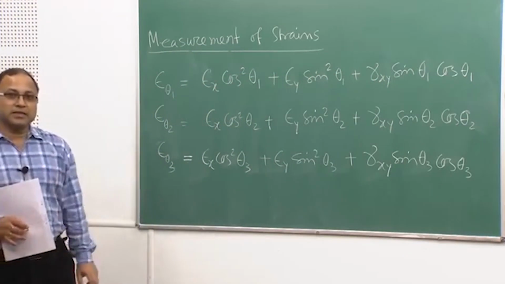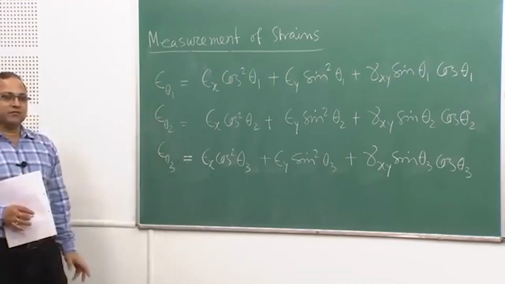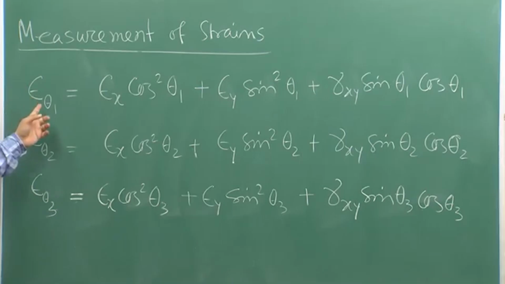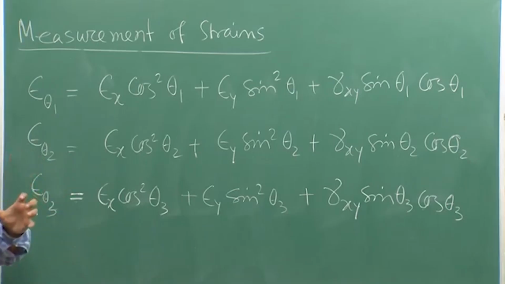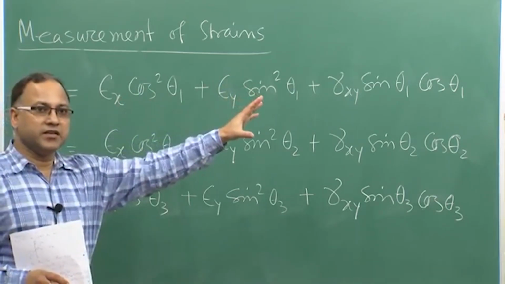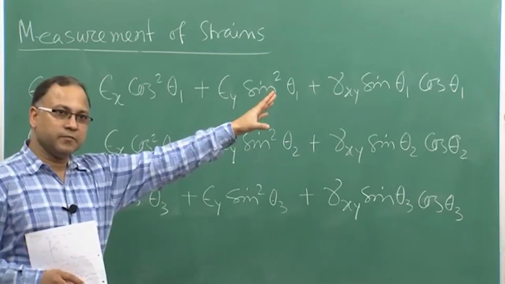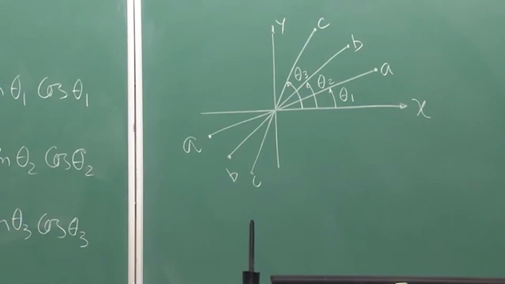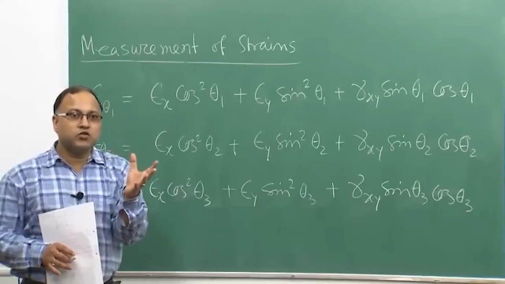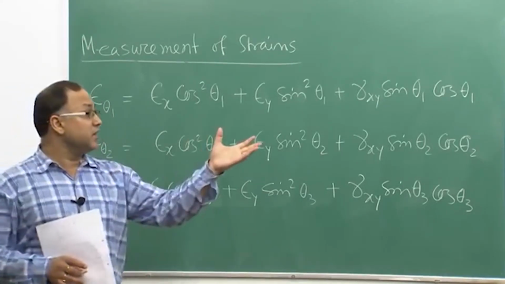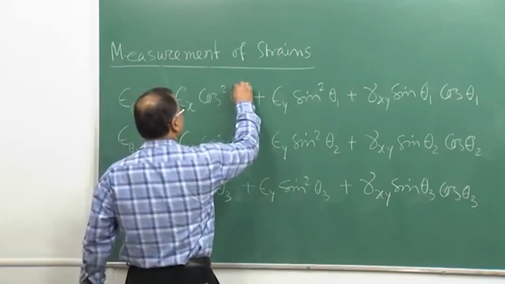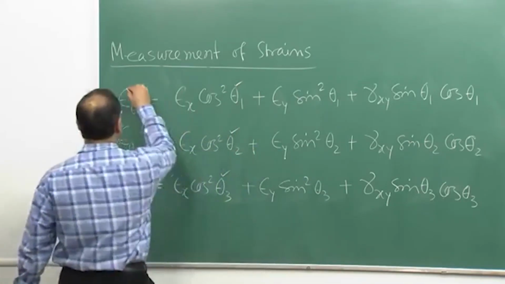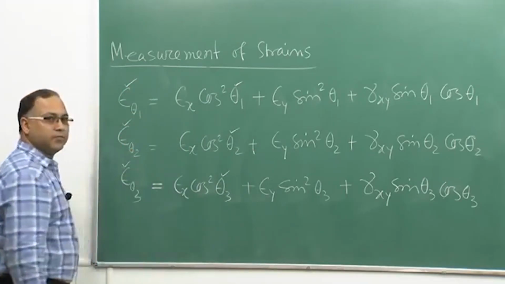But in this case, you know the left hand side, because these are the measured strains from the strain gauges: epsilon theta 1, epsilon theta 2 and epsilon theta 3, from strain gauge A, B and C. And of course, you know theta 1, theta 2, theta 3, because these are arbitrary lines chosen by you.